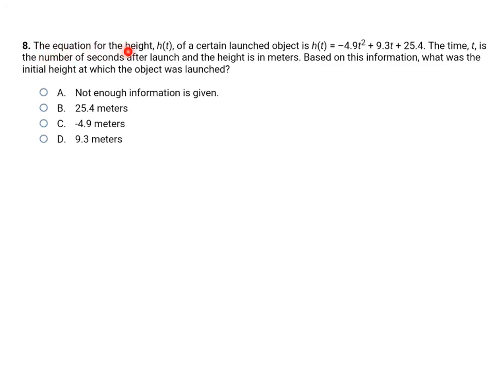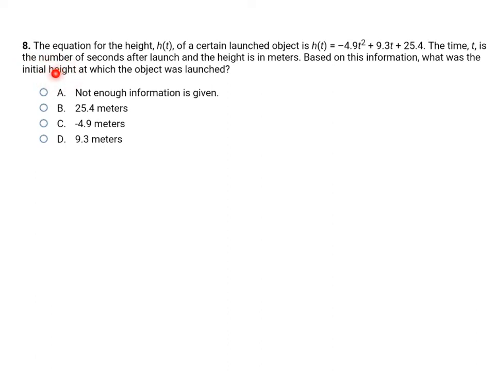This question says the equation for the height of a certain launched object is h of t equals negative 4.9t squared plus 9.3t plus 25.4. The time t is the number of seconds after launch, and the height is in meters. Based on the information, what was the initial height at which the object was launched?